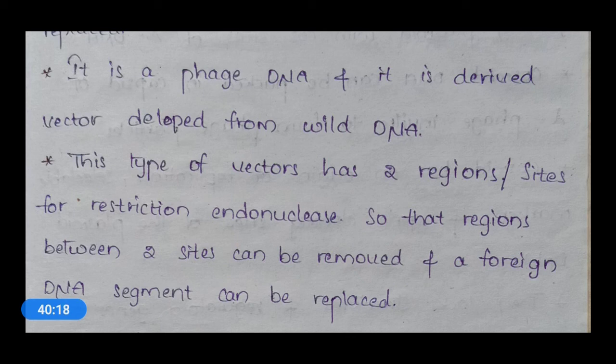In an insertion vector, simply a foreign DNA is inserted, but in a replacement vector, a phage DNA fragment is replaced with the desired gene. Coming to restriction sites, the insertion vector has one restriction site, whereas the replacement vector has two sites.